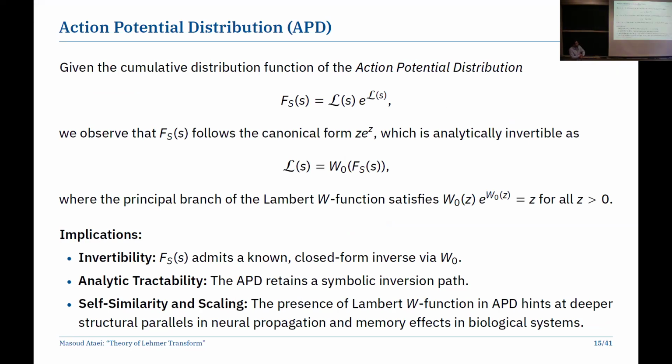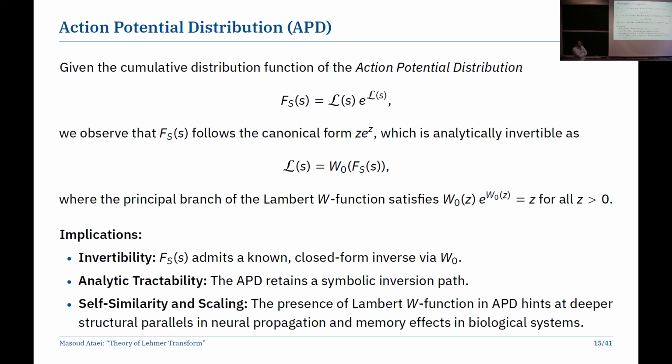There's also an interesting relation between this CDF and the Lambert W function. So Lambert W function is defined as the inverse of g of z equals z e to the power of z. That's how we define the Lambert function.